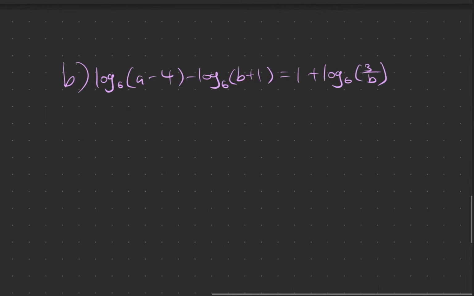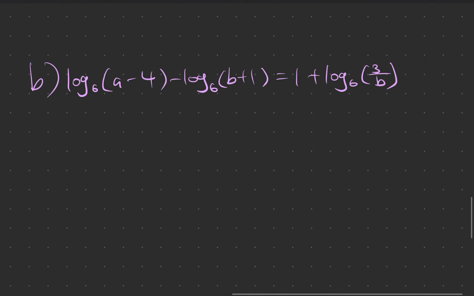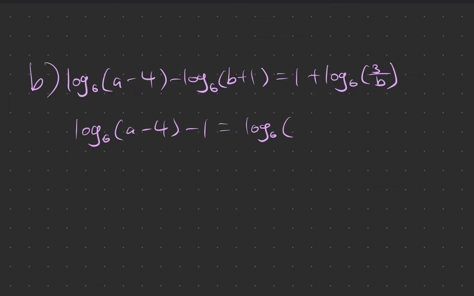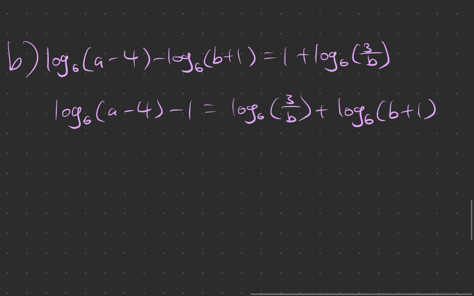Okay, so I've got to express b in terms of a. I'm going to isolate b first. So I'm going to put b on the right hand side first. So log 6 (a minus 4) minus 1 equals log 6 (3 over b) plus log 6 (b plus 1). So now for this part here, I'm going to use the product law for logarithms.